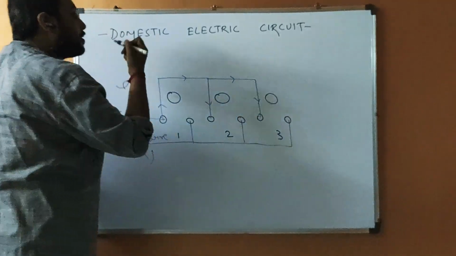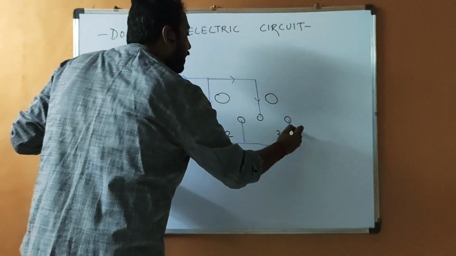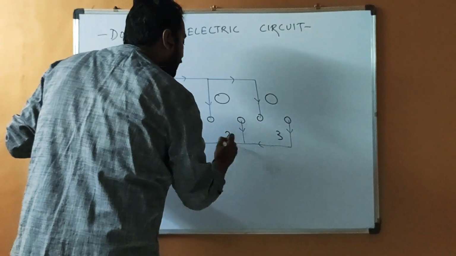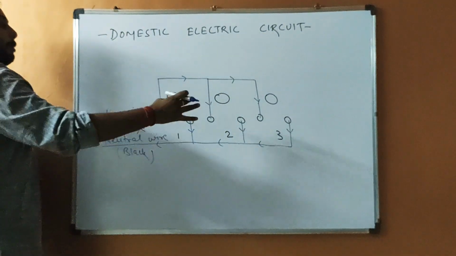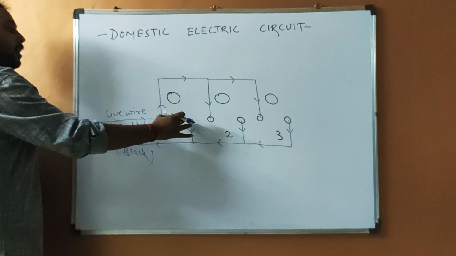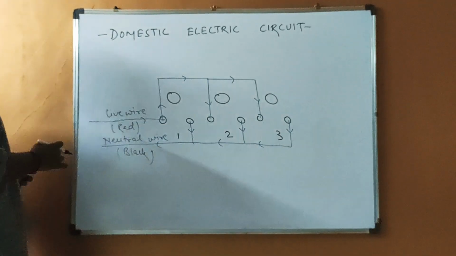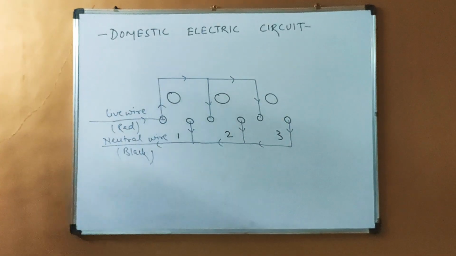The current enters through the live wire and leaves back through the neutral wire if some appliance is used. If some appliance is used, the pin is put in here and the current flows back through the neutral wire. This is the function of live and neutral: to complete the circuit.